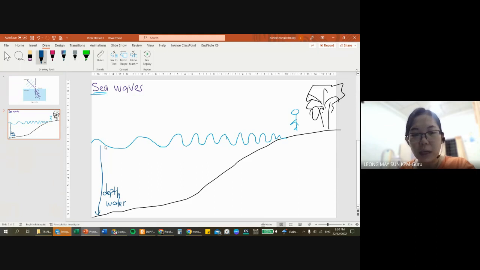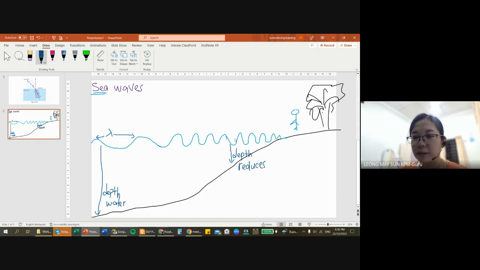So if the depth of the water is more, which means it's much deeper, the wavelength between two crests of the sea wave is very far apart. But as you get closer to the seaside, the depth actually decreases. The depth actually reduces.